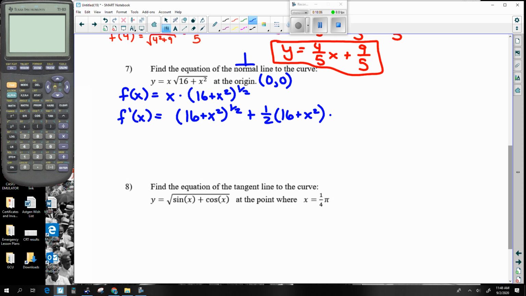There's a chain rule that goes along with this, times x. And again, this is u prime v plus v prime u. So the derivative of that u in the original goes to 1, so that's why you don't see it.